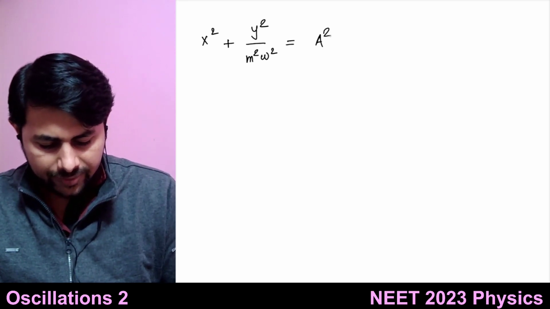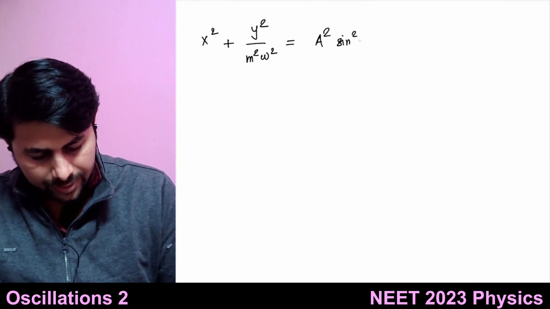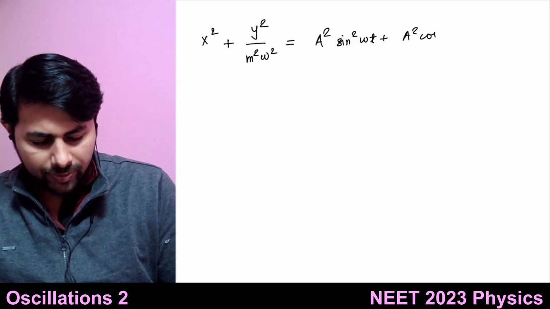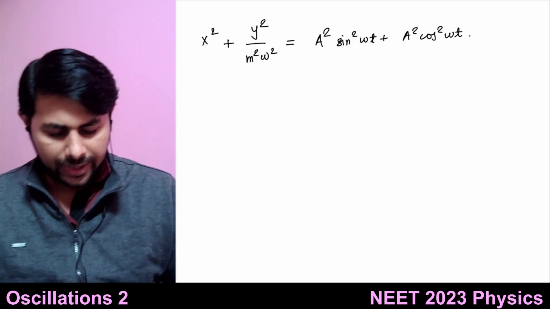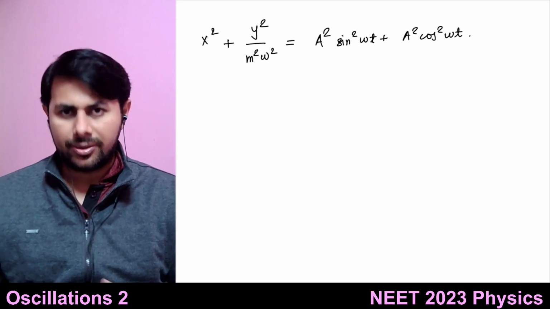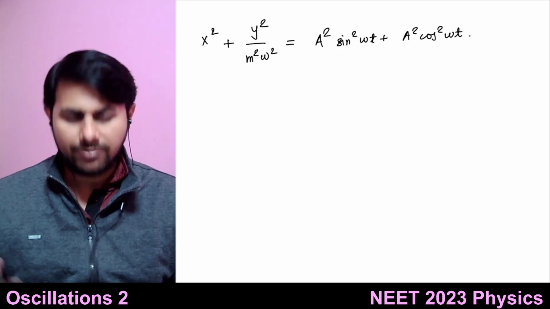I will get a square sine square omega t plus a square cos square omega t, right? So what I have done is, now I am not adding x square and y square, I am adding x square and y square upon m square omega square.